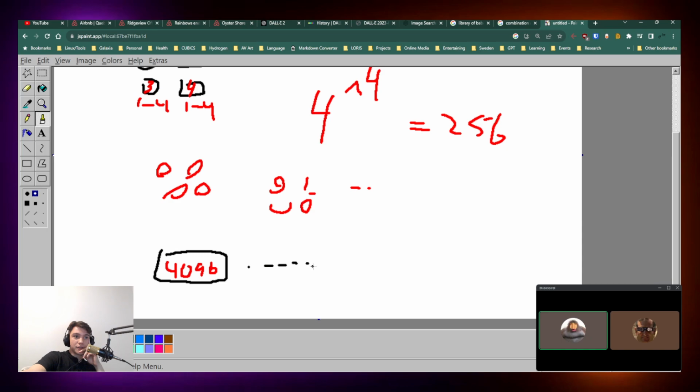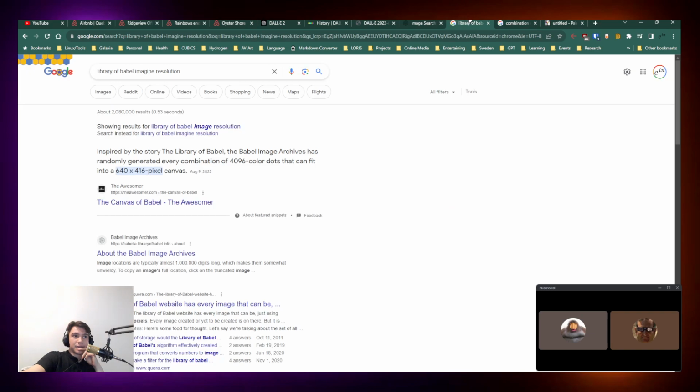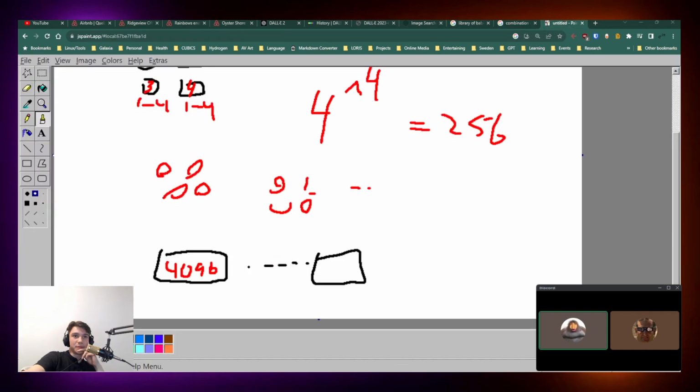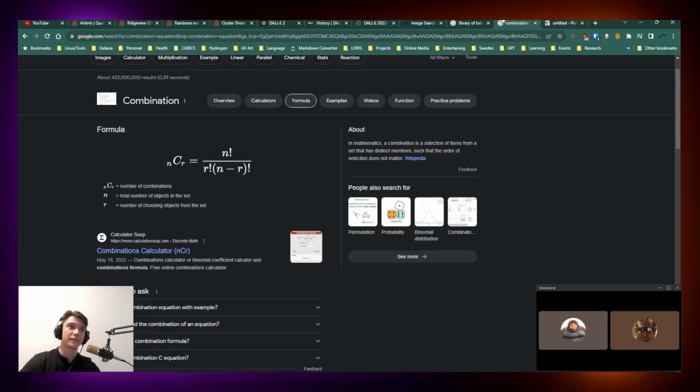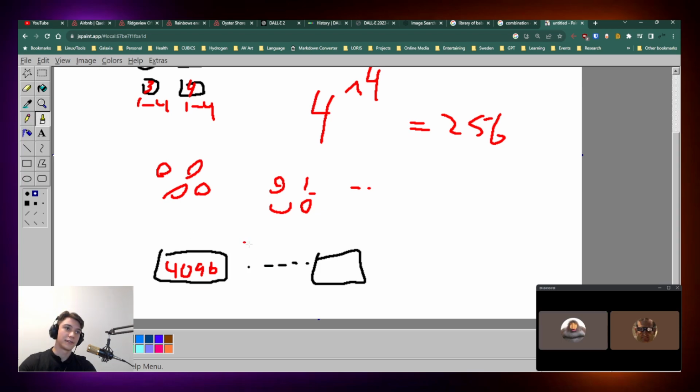And the number of pixels that there actually are is a bananas number of pixels. It's a lot. It's 640 by 640 by 416, so that's 266,240.